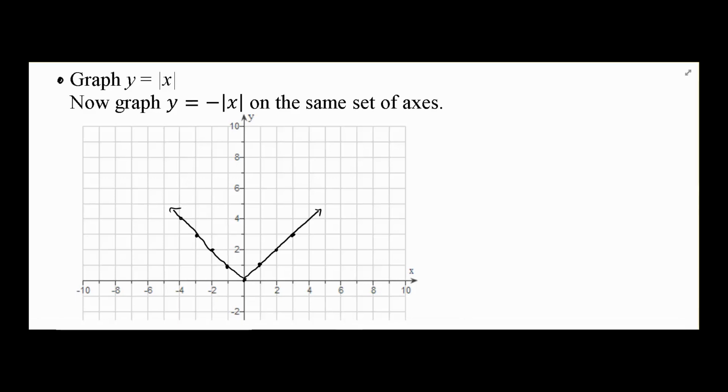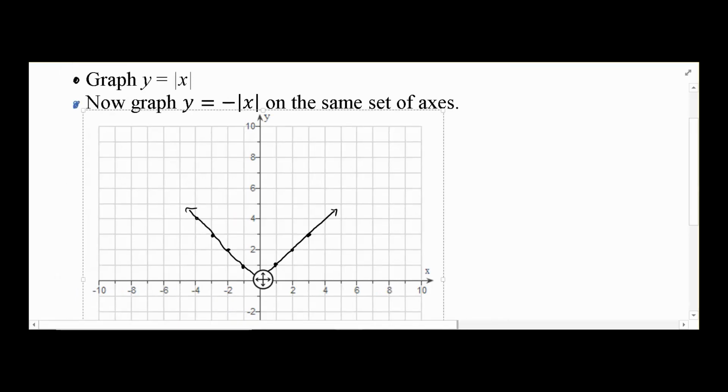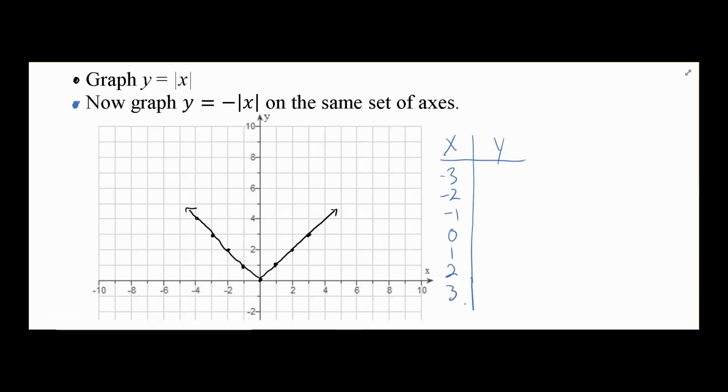And this time, the new graph that we want to explore is what happens when there's a negative out in front, when I'm multiplying by negative 1. So in this case, if I go ahead and look at my x and y values, I'll again pick the same x's, and we'll see what happens. When I plug negative 3 in, the absolute value makes it positive no matter what.